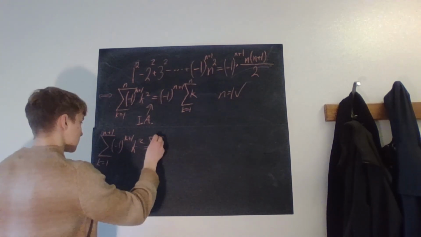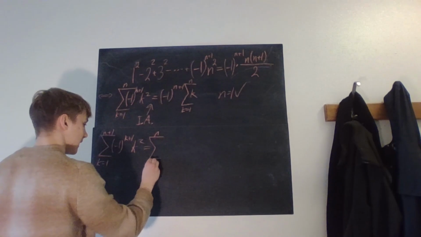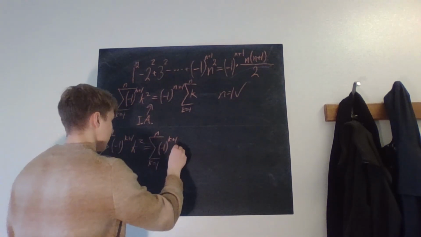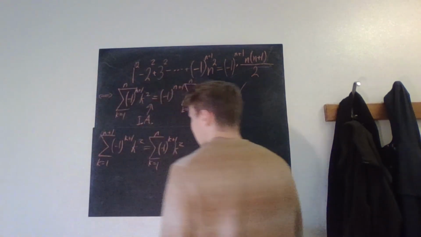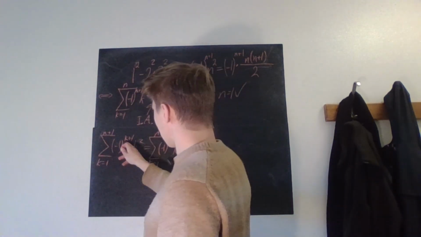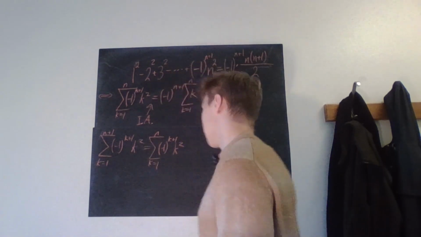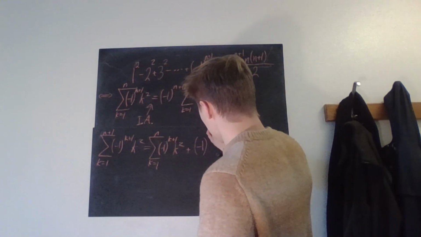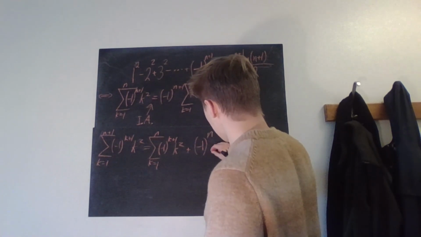So we still have a sum, but now we don't want it to range to n plus 1, we want it to range to n, and it remains exactly the same inside. And then we add the last term. Okay, so when k is equal to n plus 1, then k plus 1 is n plus 2, so therefore it's just n. So then we just add minus 1 to the power of n times n plus 1 squared.